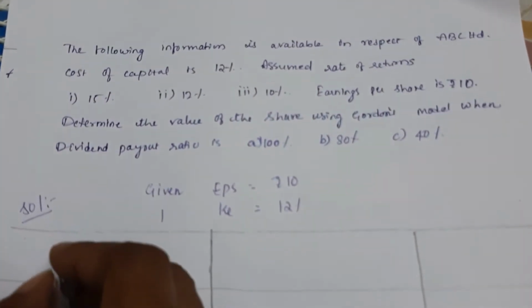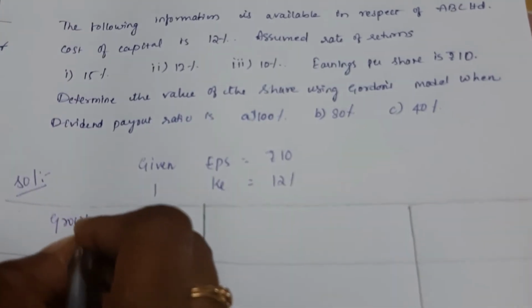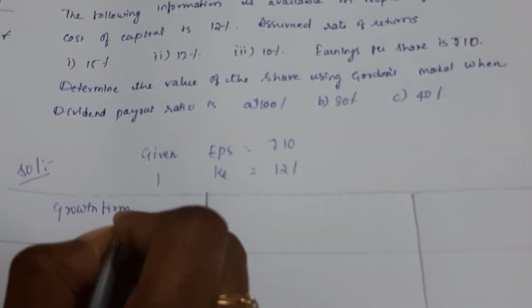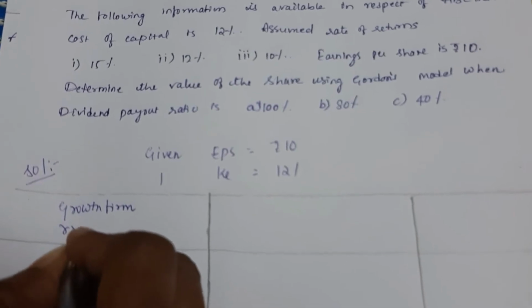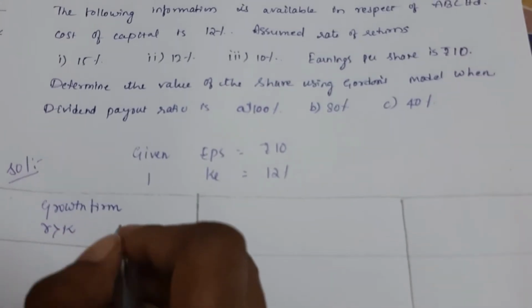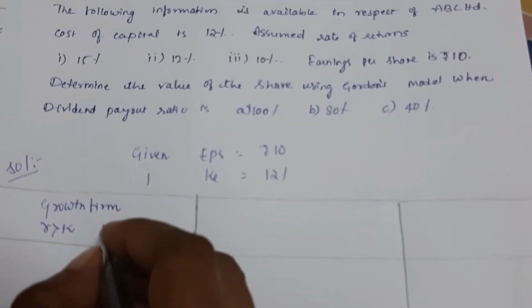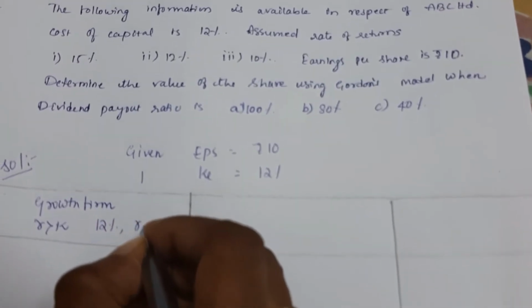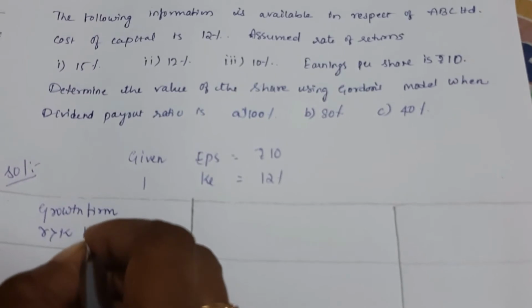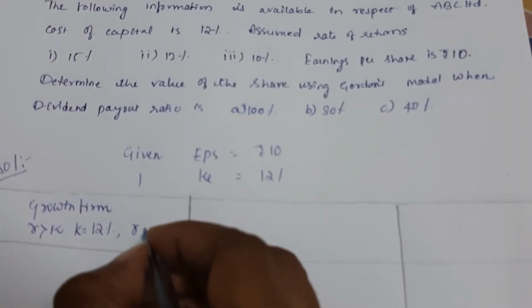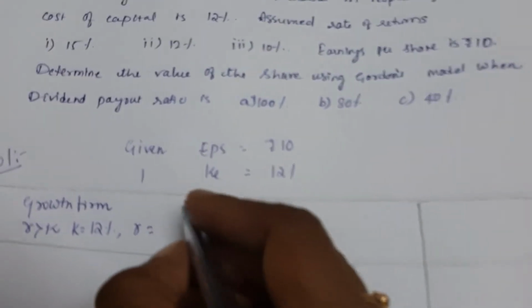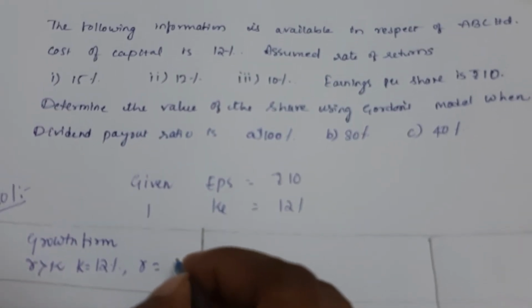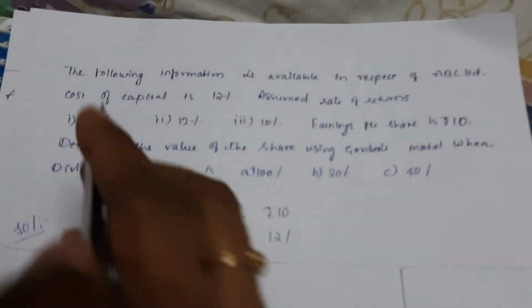One is a growth firm, where R is greater than K. Here K is 12% and R is 15%. First case.